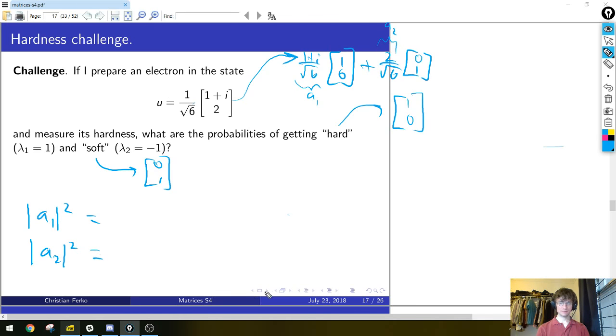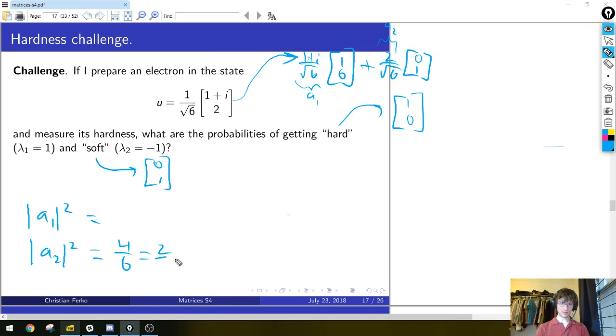I think for getting these two absolute values squared, you should be able to do it just by looking at it. So let's do a2, for instance. a2 is the one in front of the soft eigenvector. So this is just a real number. What's the absolute value squared of 2 over root 6? The absolute value squared of 2 over root 6 is going to be 4 over 6, or 2/3. Good.